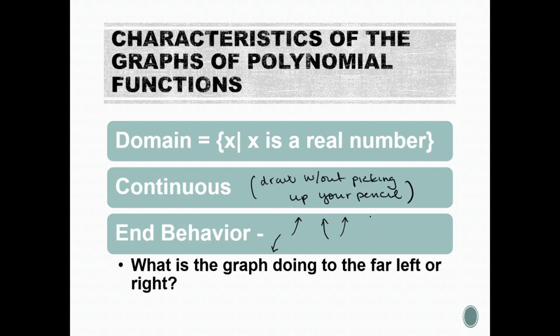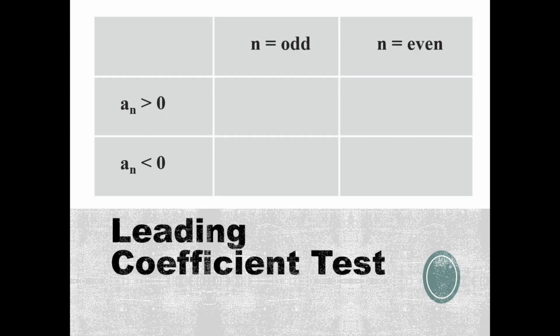And so the end behavior is dealing with what the graph is doing to the far left or the far right. In other words, when x is approaching infinity or negative infinity. So we want to understand a little bit better about what that means. And so we can use what is called the leading coefficient test. Okay?